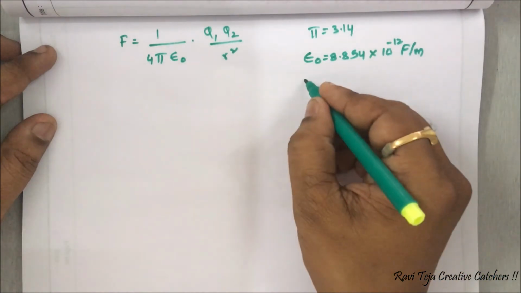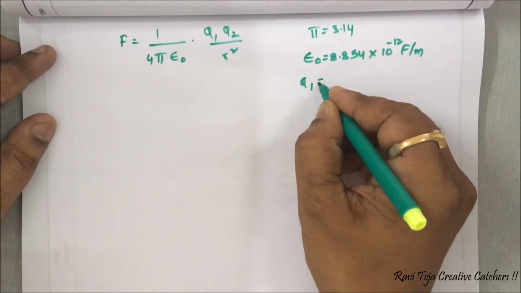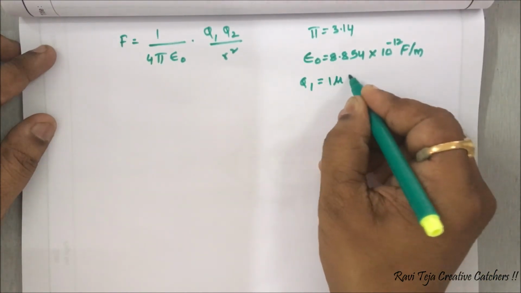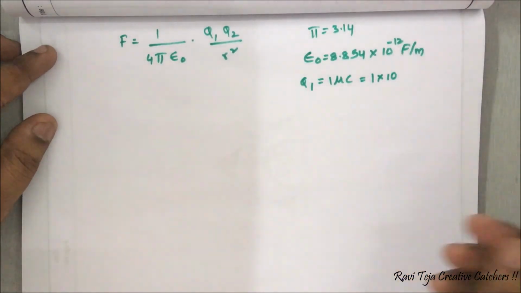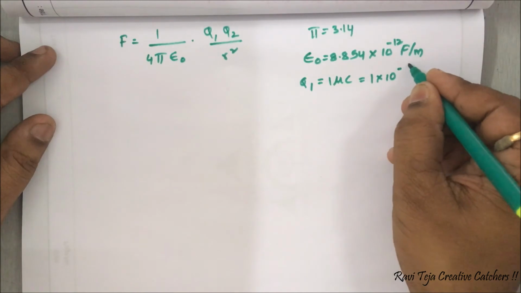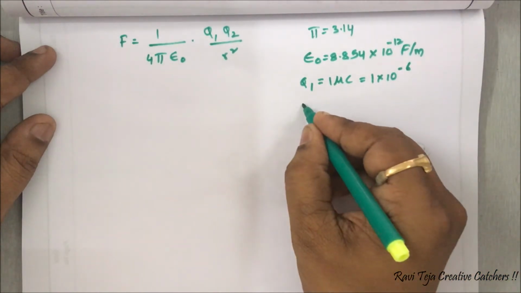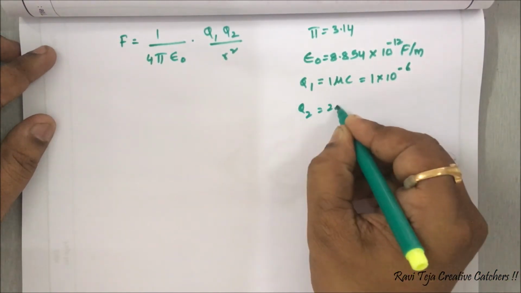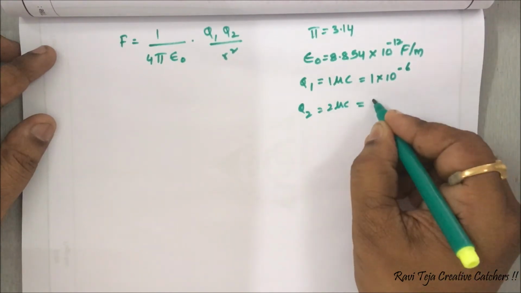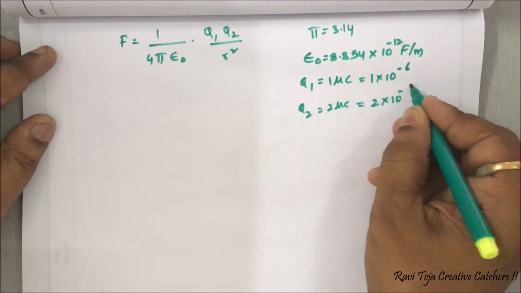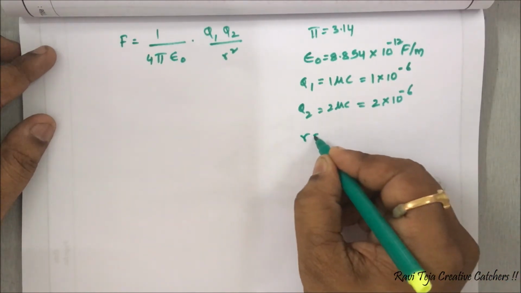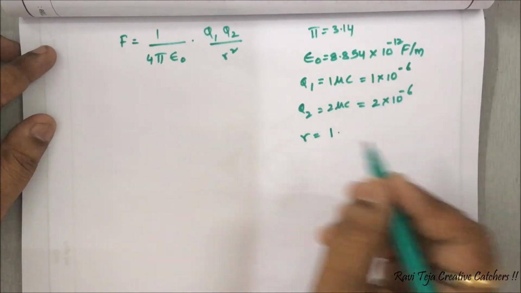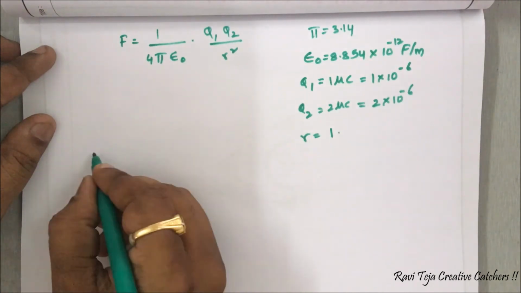Q1 we have given as 1 microcoulomb, which can be written as 1 into 10 power minus 6. And Q2 we have 2 microcoulomb, which can be written as 2 into 10 power minus 6. And R we have 1, right?